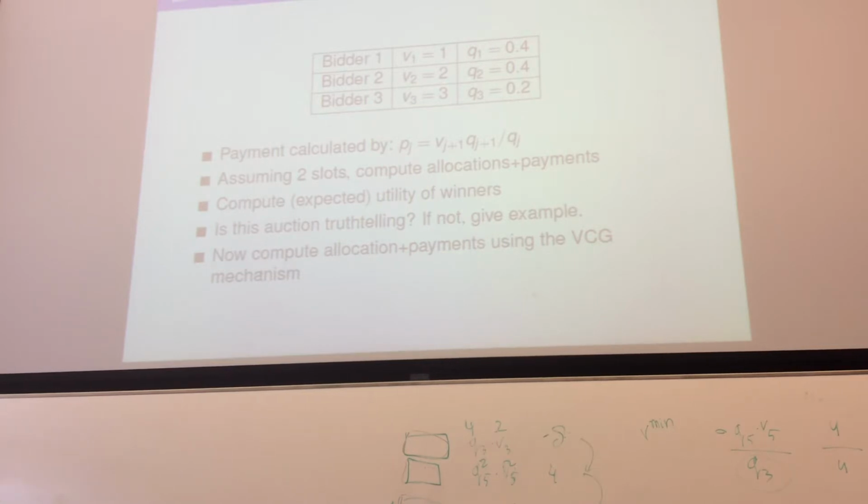There's something wrong. Because payment, the payment calculated function equals J plus 1. Yeah, that's right.